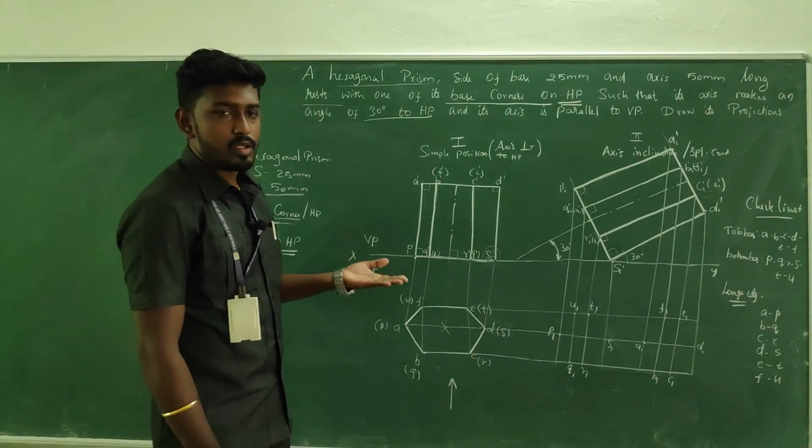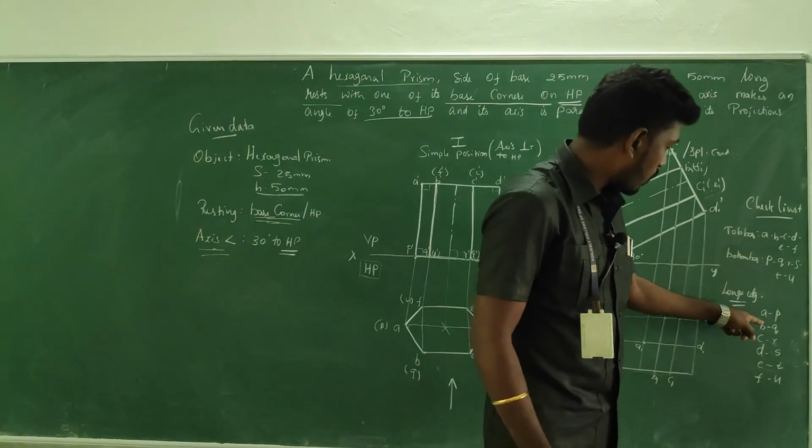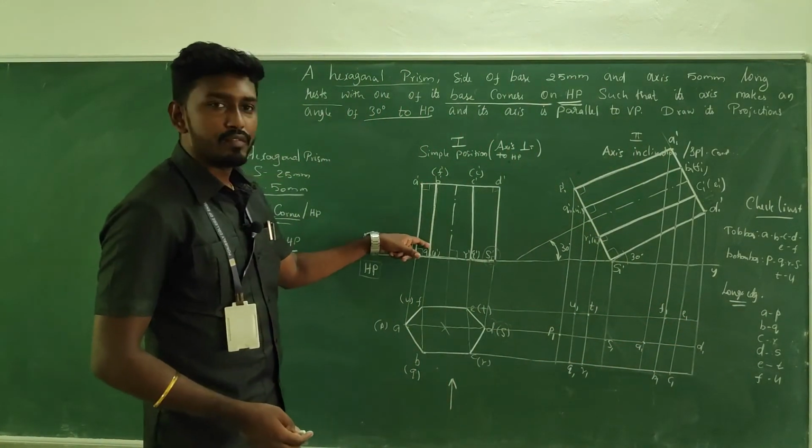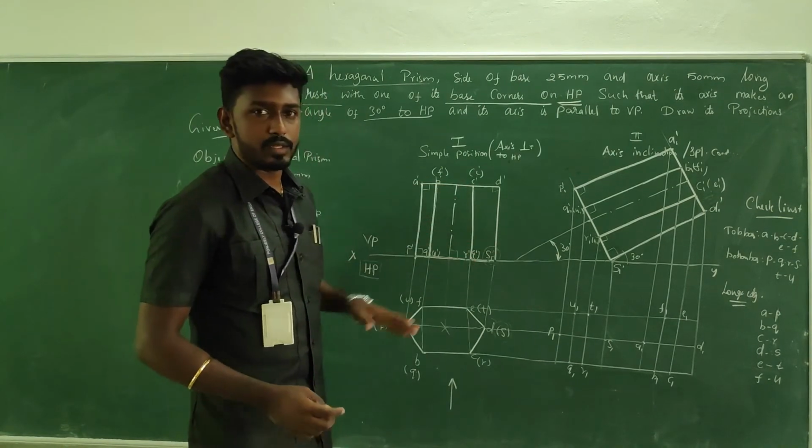It's a hexagon, so 6 longer edges will be there: 1, 2, 3, 4, 5, 6. If you have any doubt, you can take it from the front view, the simple position front view.